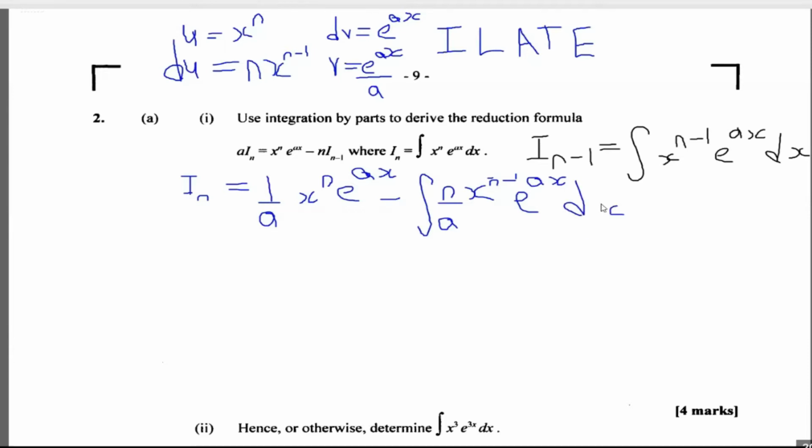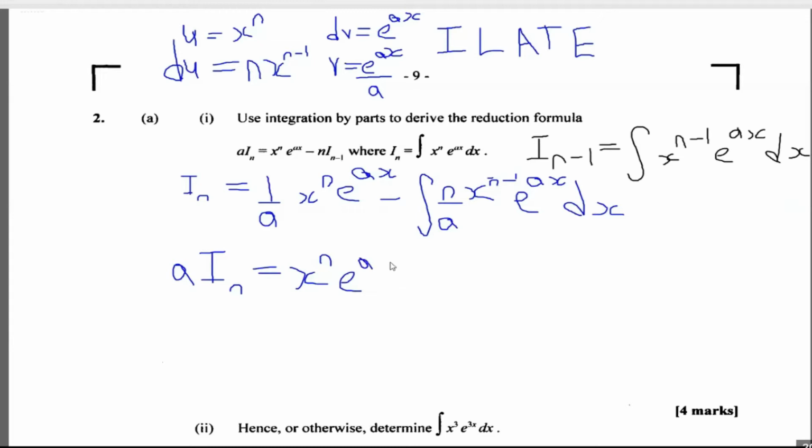Then all we're required to do now is to multiply In by a. When we multiply In by a, what we get is a In equal to a over a, that's gone, so it becomes x^n e^(ax).